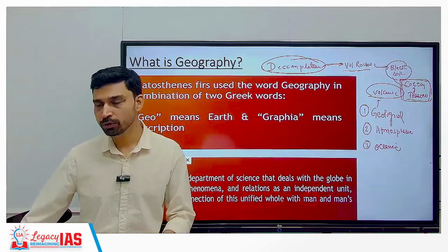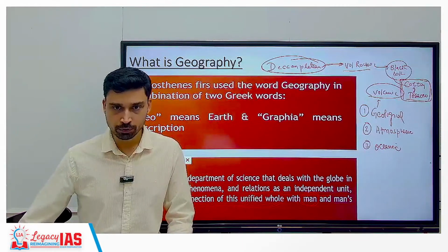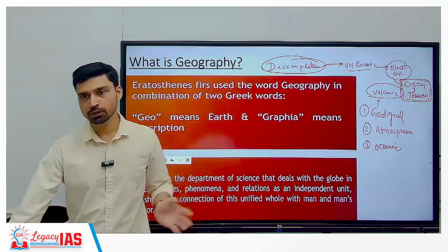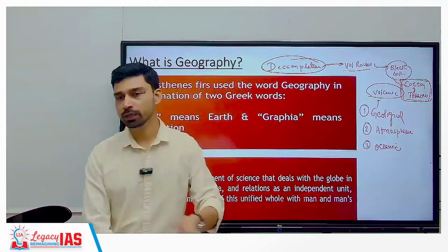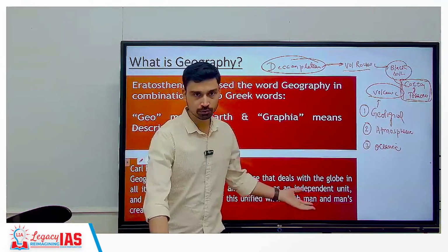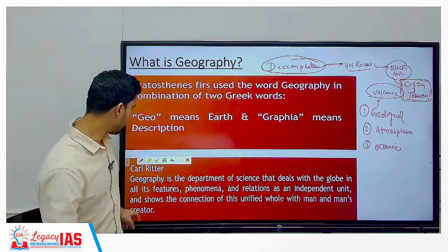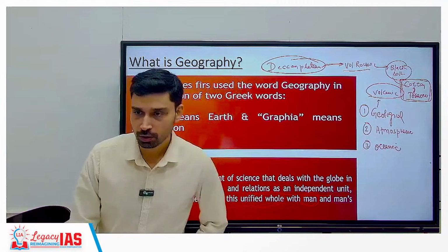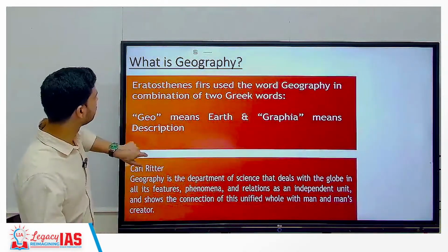The status and role of women was not the same as we have today. So there is another debate going on in academia, that we should replace the term man with human everywhere. But still, the actual definition is what? Karl Ritter has used which term? Man. So basically man means humanity. So man and man's creator, that is what it means. That is one way of understanding this.